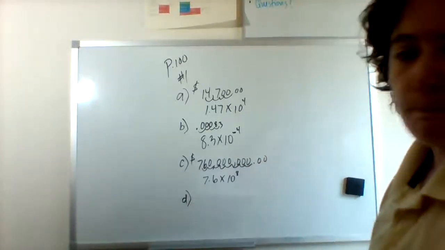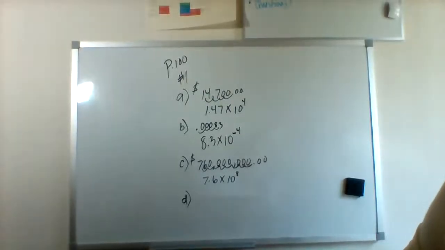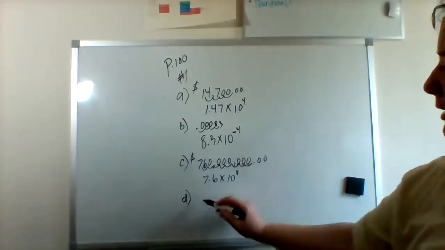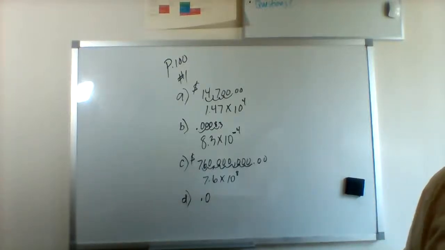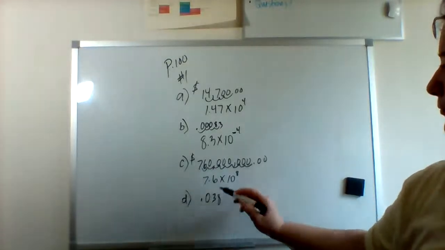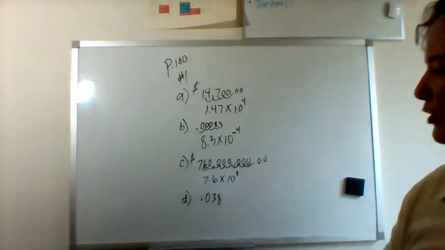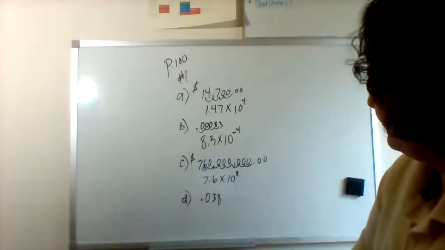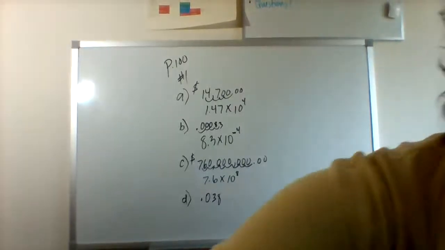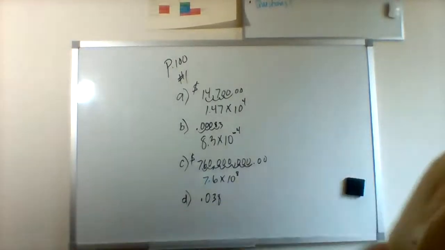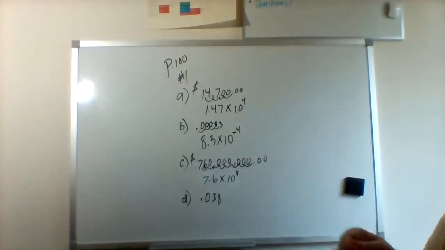Letter D says if you start with 38,000. Let's see what you guys got.